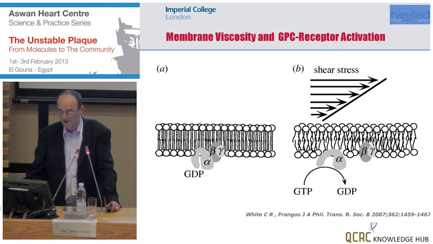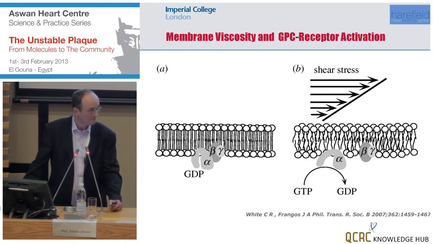And therefore, this allows activation of these receptor signaling proteins without any ligand binding as such. So these again are thought to be potentially important mechanisms that can regulate and control the response of endothelial cells to shear stress. So if shear stress is going to change, the magnitude of these signaling events will in fact change.